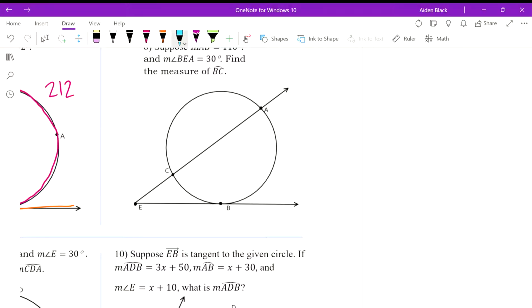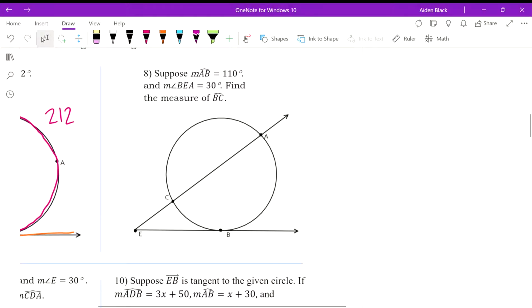Now for this question, it says suppose that AB is 110, so I'll just highlight that. AB is 110 degrees, and also suppose that angle BEA, this one right here, is 30 degrees.